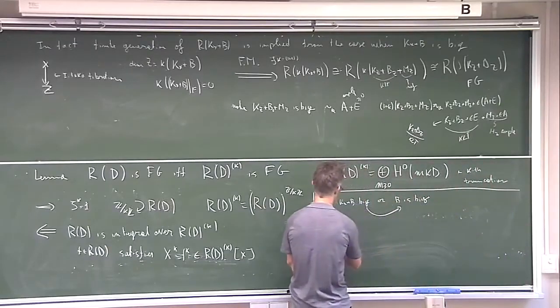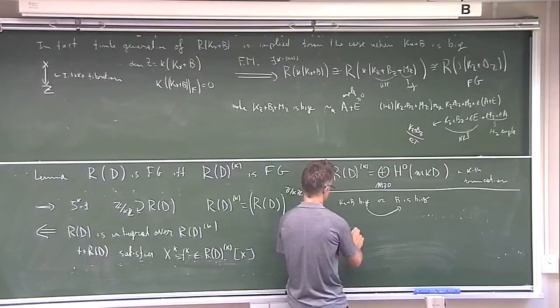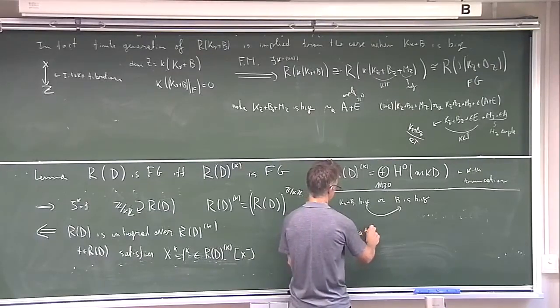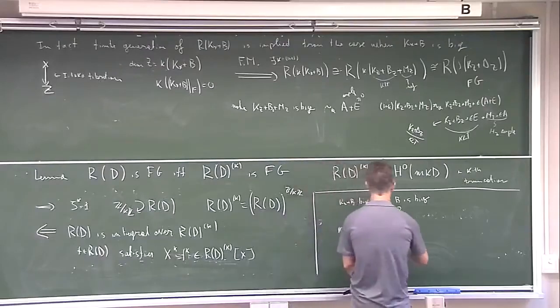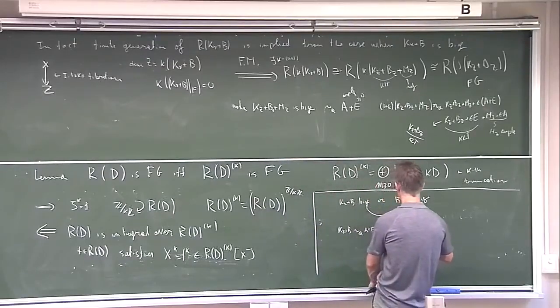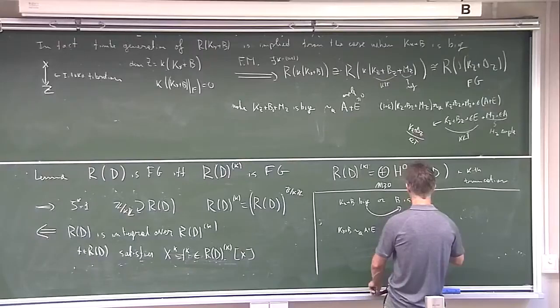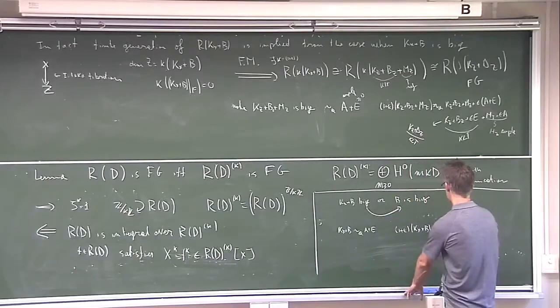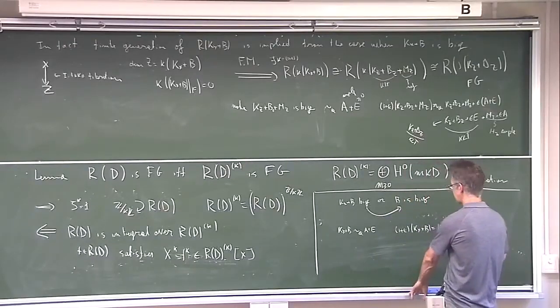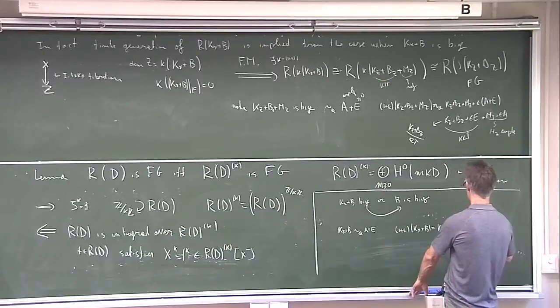Notice that if K_X plus B is big, then you can write it as Q-linearly equivalent to ample plus effective. So (1 plus epsilon)(K_X plus B) is K_X plus B plus epsilon times effective plus ample.